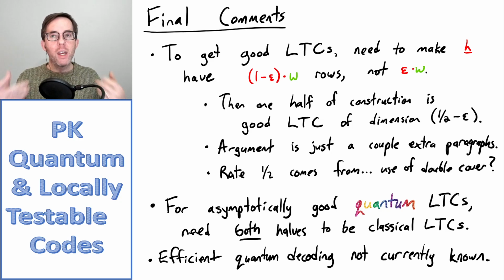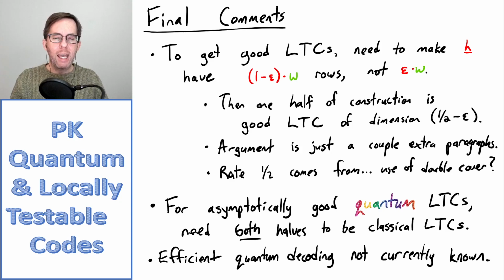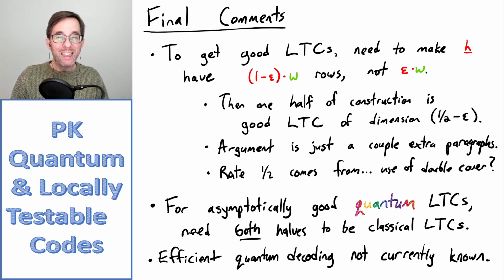And the argument for this, above and beyond what you need for the quantum analysis, is just like 2 paragraphs. And to be completely honest, I don't exactly know why they merely get rate a half or close to a half rather than rate near 1, like in the Dinur, Evra, Livne, Lubotzky, Mozes paper. I think it might be because of the use of double cover, but I'm not sure. So that's one little thing that could be improved upon.